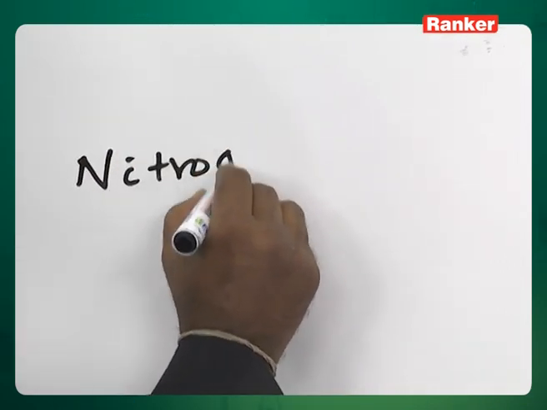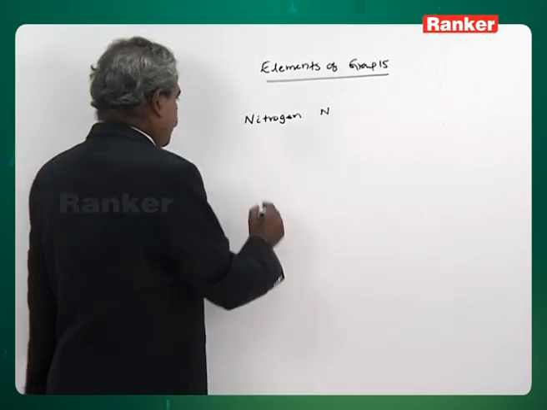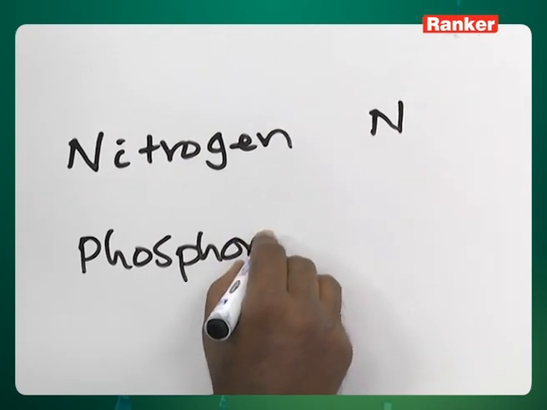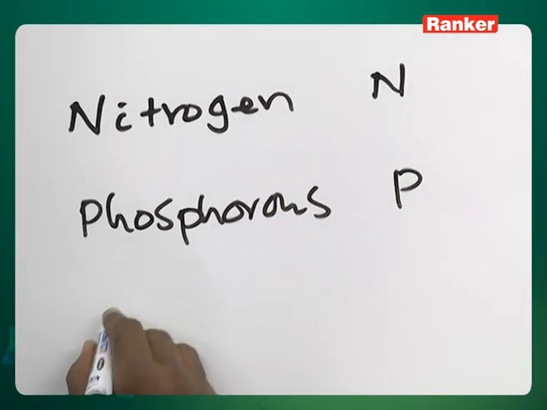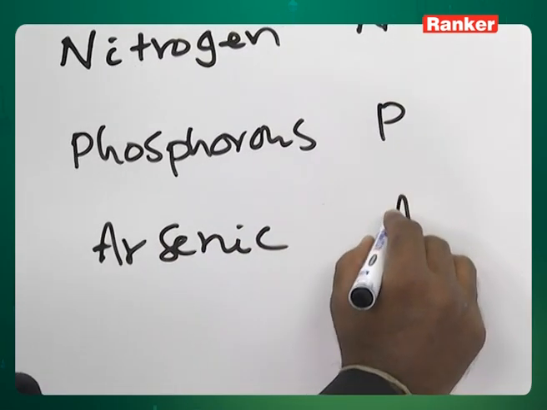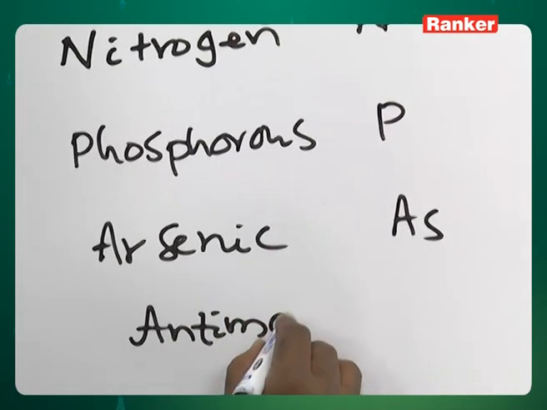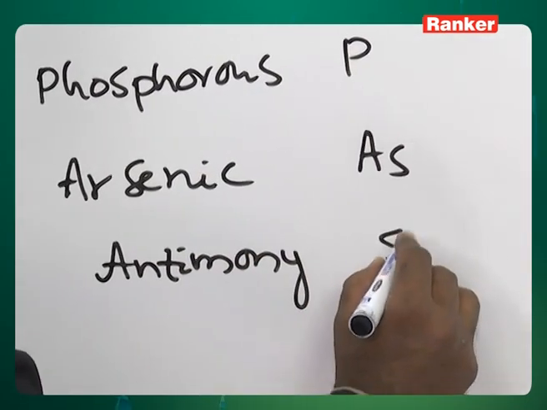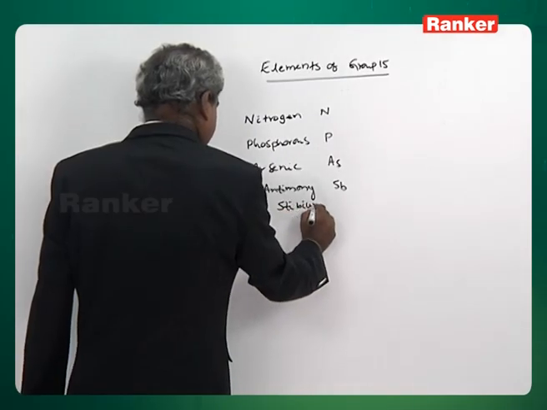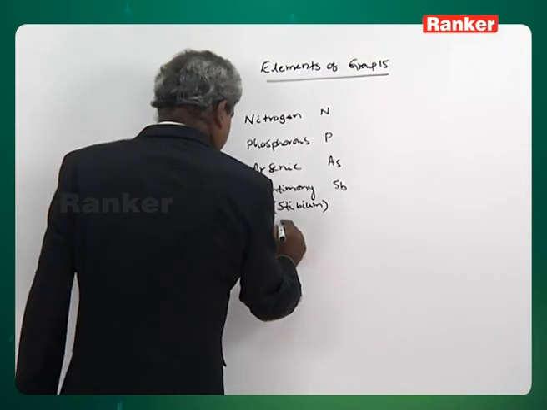Nitrogen, the symbol N. Phosphorus, P. Arsenic, antimony, Sb. You know, it's called stibium in Latin. Bismuth.